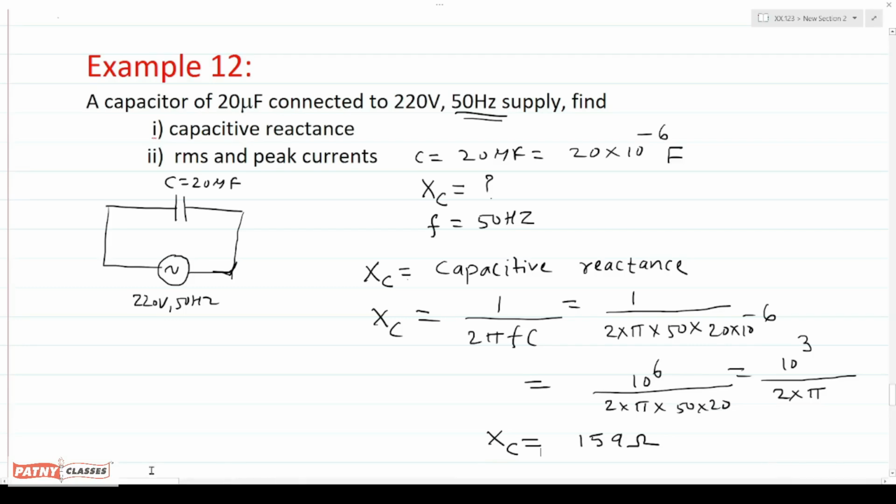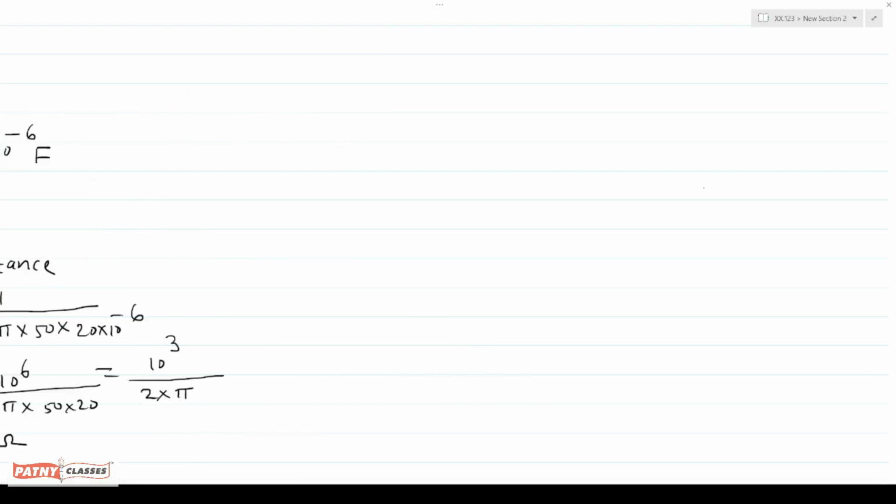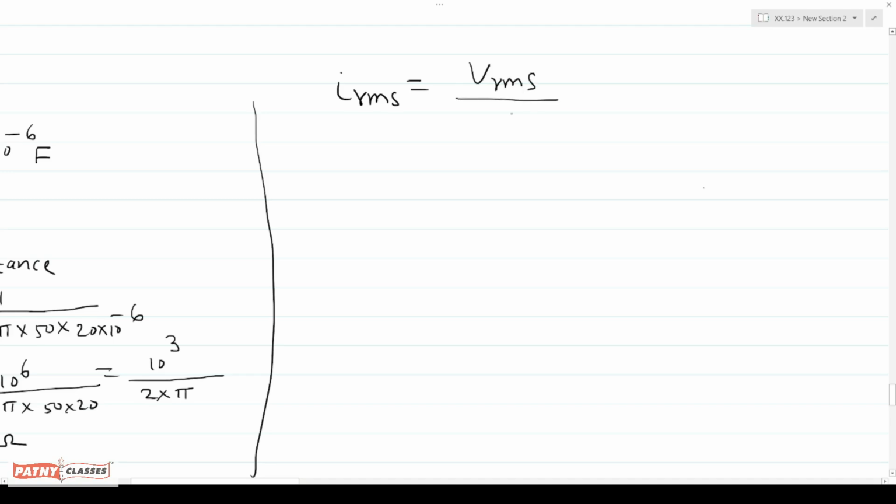After that we need to find the RMS and peak currents. So Irms equals Vrms upon XC. Vrms is given as 220 volts, and we got the XC value, that is 159.